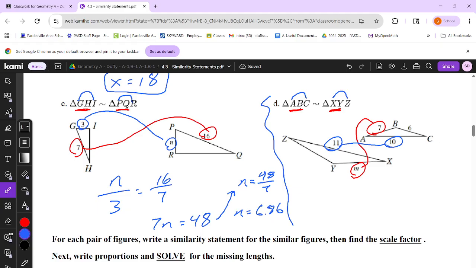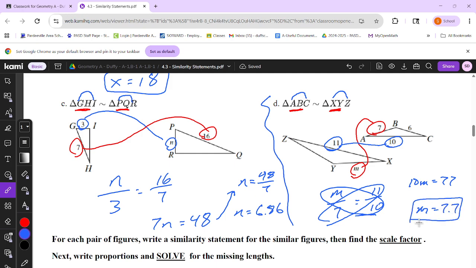So I'm going to say M over 7 would equal, so if I did left over right triangle, I have to do left over right triangle. And then cross multiply, 10m equals 77. Divide by 10, m equals 7.7.